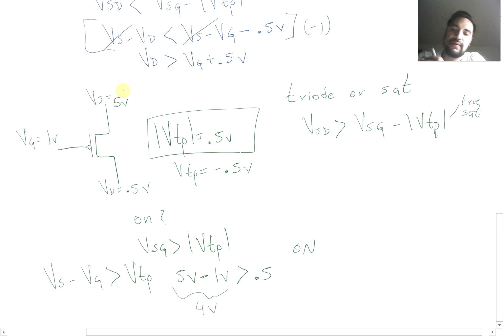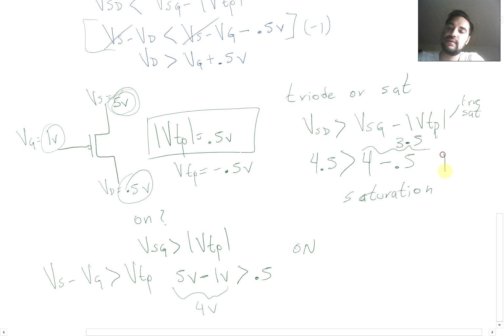It's 5 minus 0.5, that's 4.5. Is it greater than VSG? What is VSG? 5 minus 1, 4 minus 0.5. It is going to be greater, so it's on saturation. This is going to be around 3.5, so this is true. Okay, and that's it for the PMOS transistor.